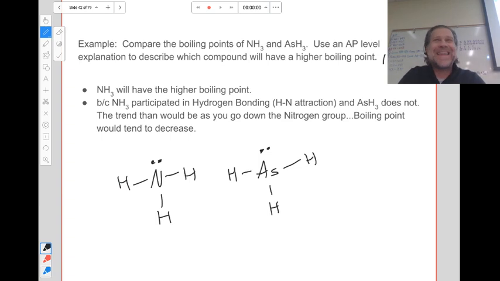Anybody want to try to explain that? I don't know. First off, it wouldn't be hydrogen bonding anymore as you go down. True. What else? I'm telling you that bismuth trihydride, this guy right down here, would have a lower boiling point than arsenic trihydride.